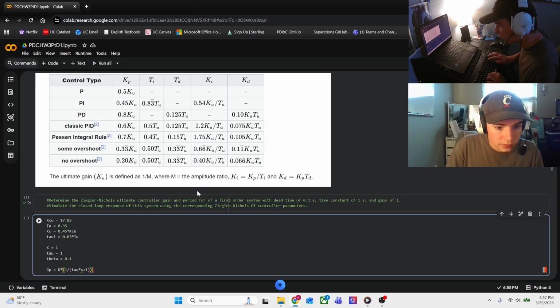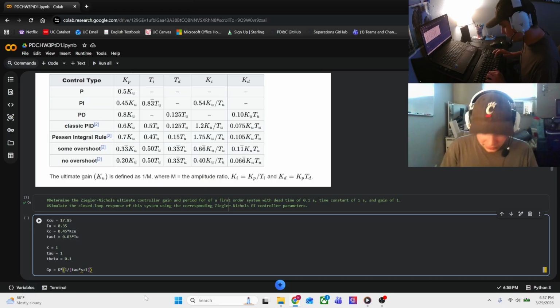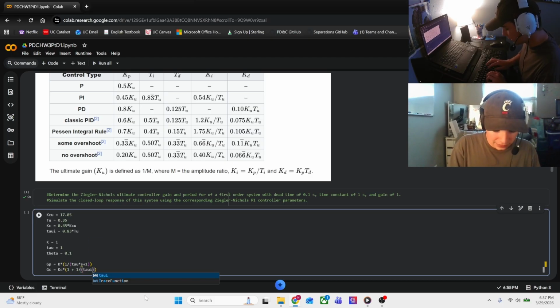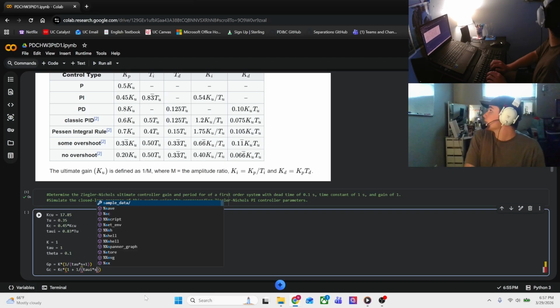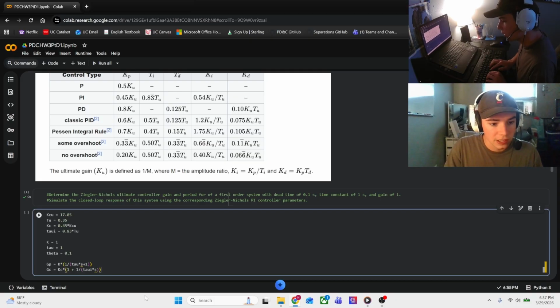And that is our GP. And then our GC, as we said up on the board, to get our integral portion, we're going to have our Kc times 1 plus 1 over tau I times S. I believe, yep, that's perfect. And there's our GC.